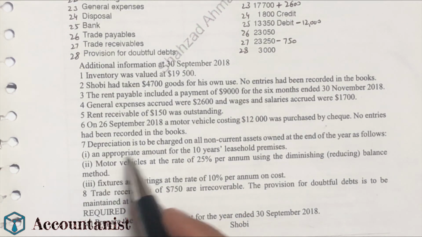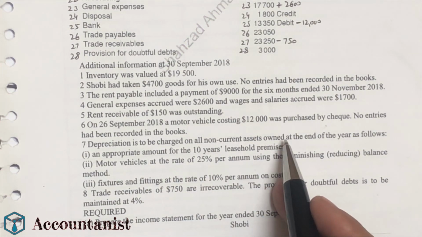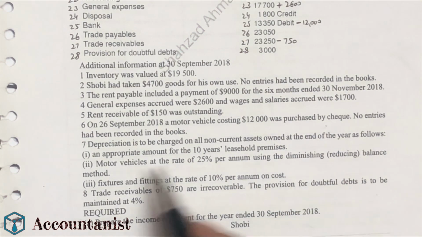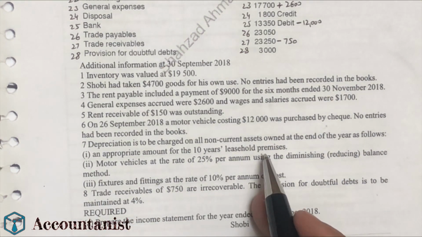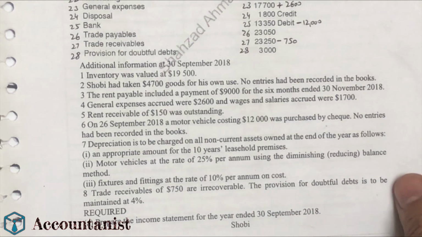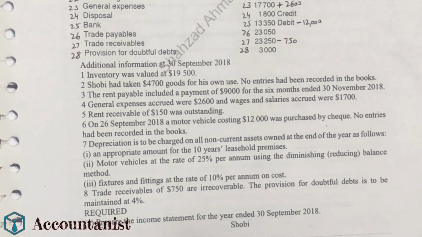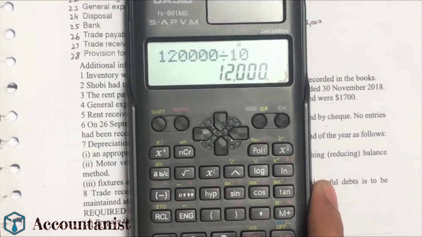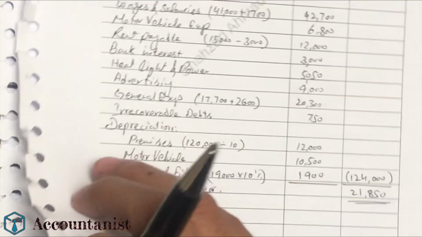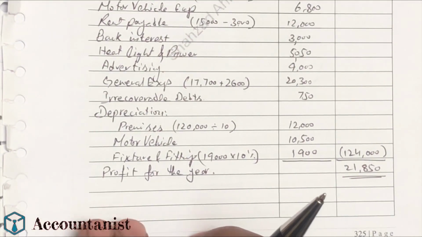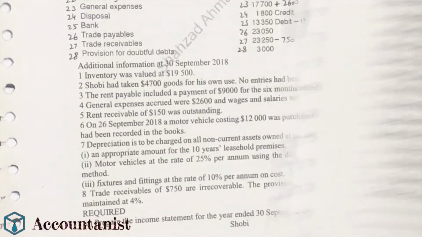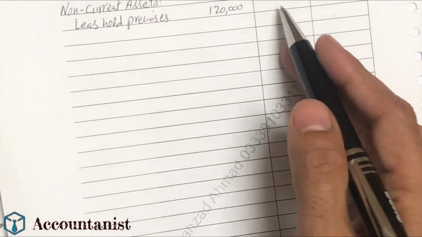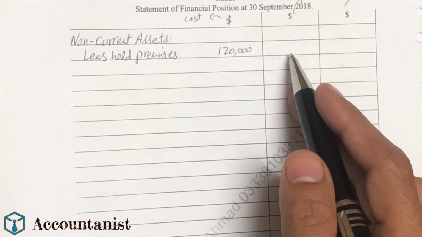Depreciation is charged on all non-current assets owned at the end of the year as follows: an appropriate amount on 10 years leasehold premises. So 10 years leasehold premises means we need to divide the cost by 10. The cost was 120,000, divided by 10, so 12,000 was the depreciation that we calculated in the income statement.